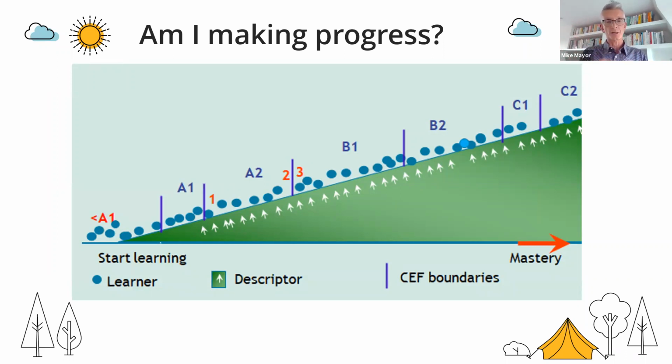Because if you look at that chart on your screens now, student 2 and student 3 are much closer in proficiency to each other than student 1 and student 2, even though 1 and 2 are testing as A2. So that's the point I was trying to make: you can get a bit more detail within a Common European Framework level if you're using that numerical scale from 10 to 90.